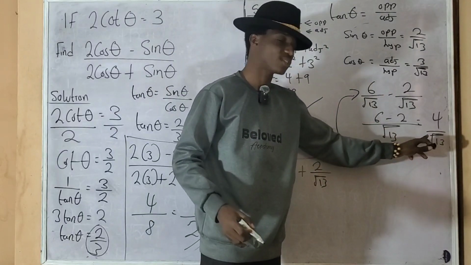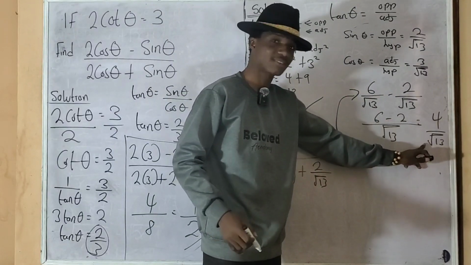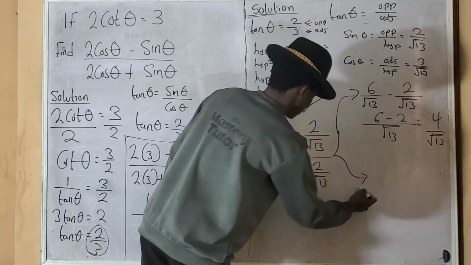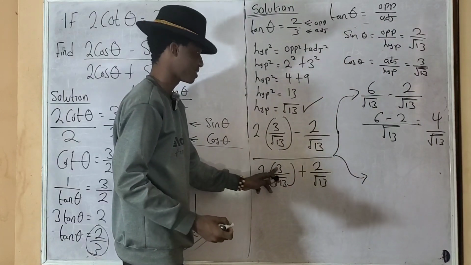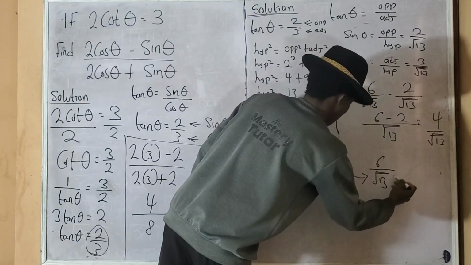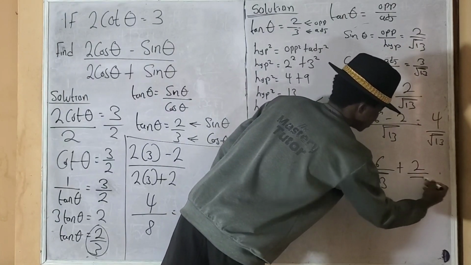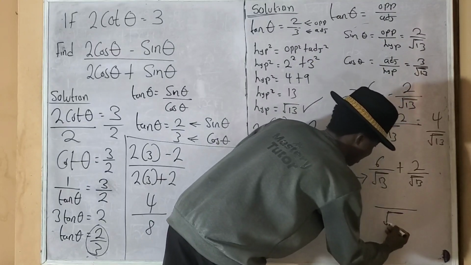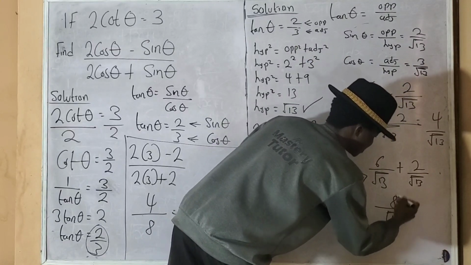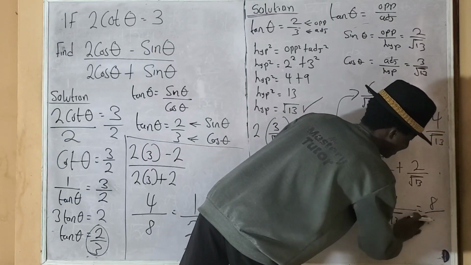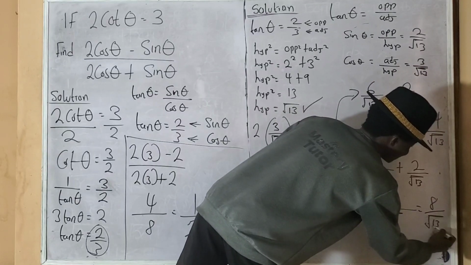Now, let us deal with the denominator. At the denominator, we have 2 times 3, that is 6, right? 6 over the square root of 13 plus 2 over the square root of 13. The LCM will still be root of 13. 6 plus 2, that is 8. So I'm having 8 over the square root of 13.